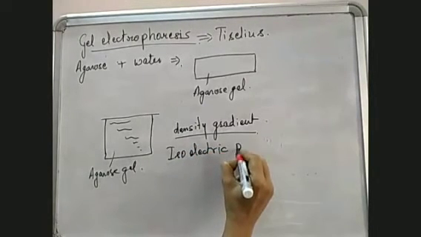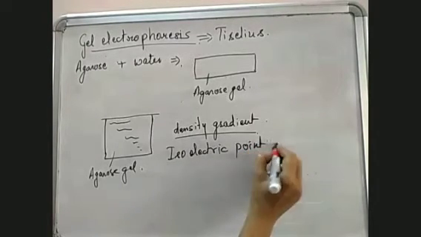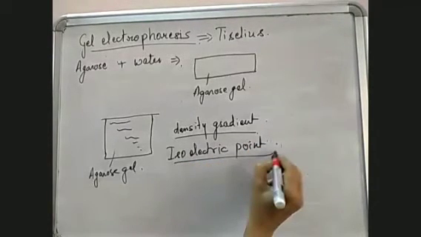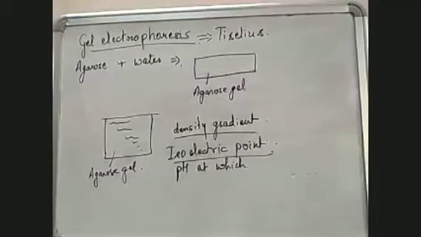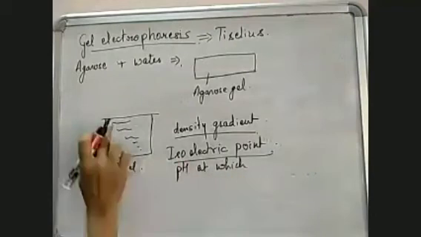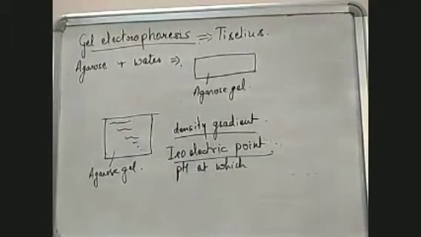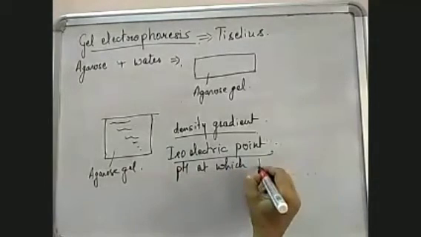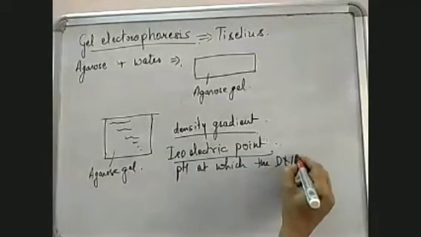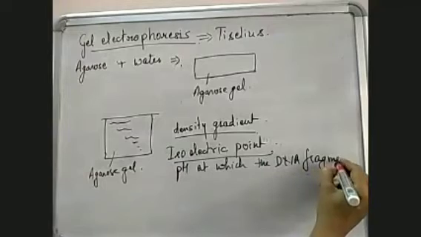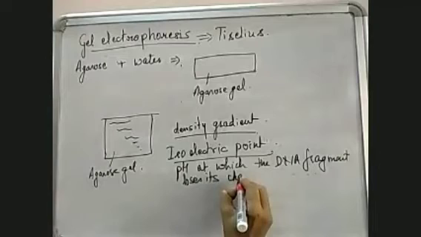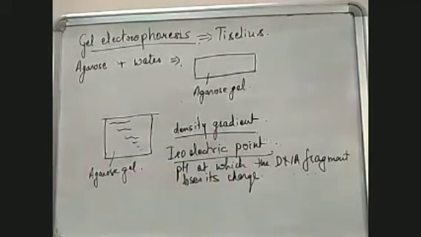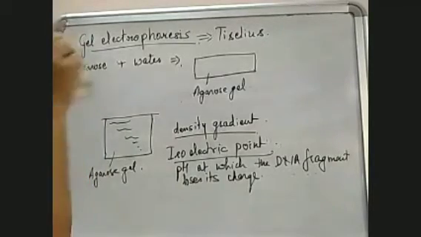This isoelectric point is the pH at which the DNA fragment loses its charge. DNA has a negative charge. So this is another method which I'm telling, in which electricity and pH are used, and how this is done.